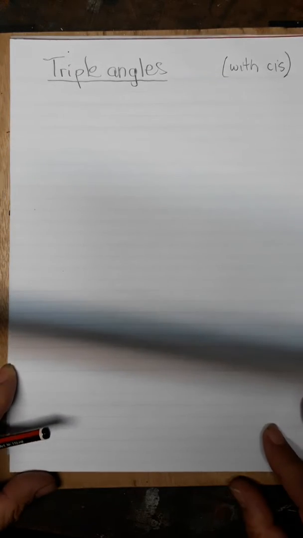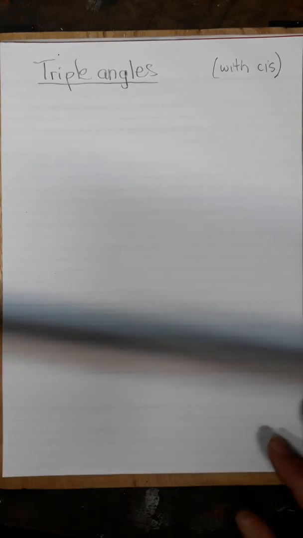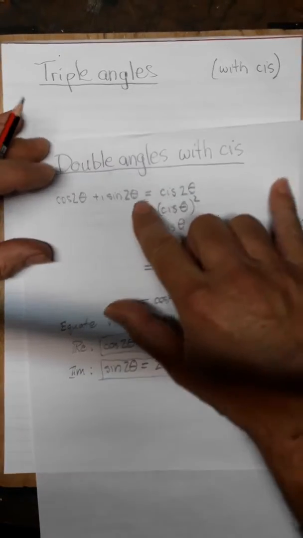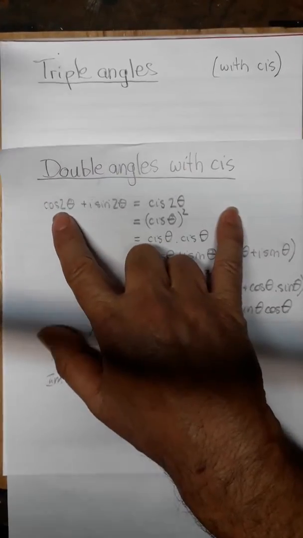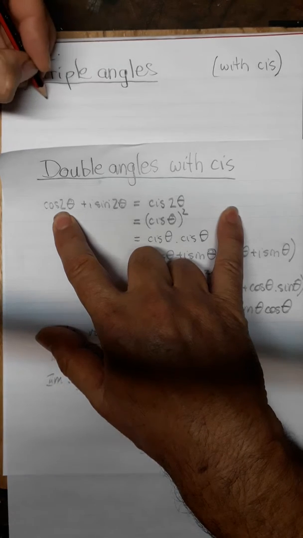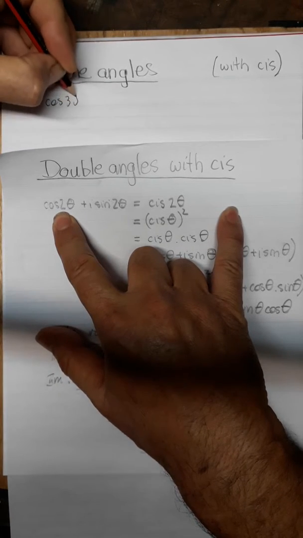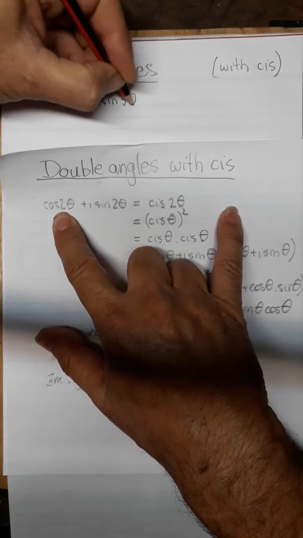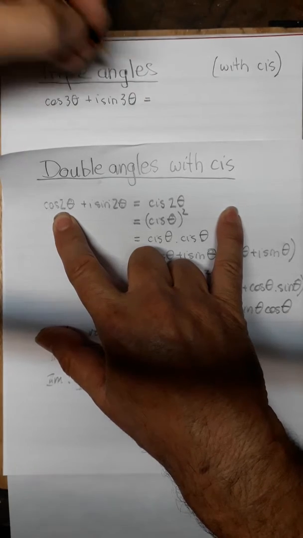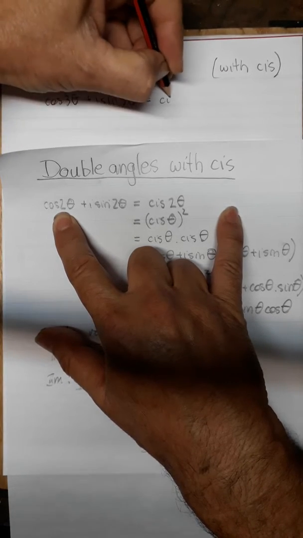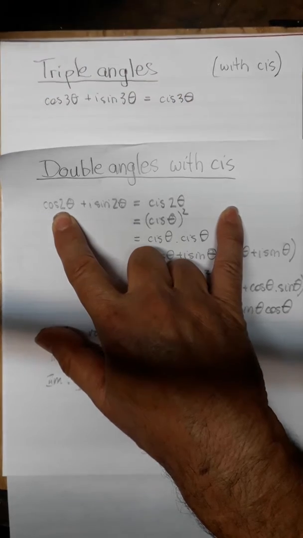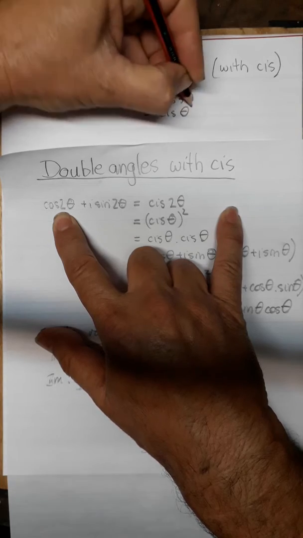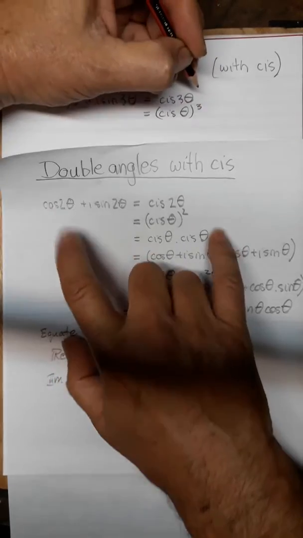Now, what we're going to do is basically follow the same idea as we have here. So we'll begin with cos 3 theta plus i sine 3 theta, which of course we can abbreviate as cis 3 theta, which also happens to be, using de Moivre's theorem in reverse, cis theta cubed.